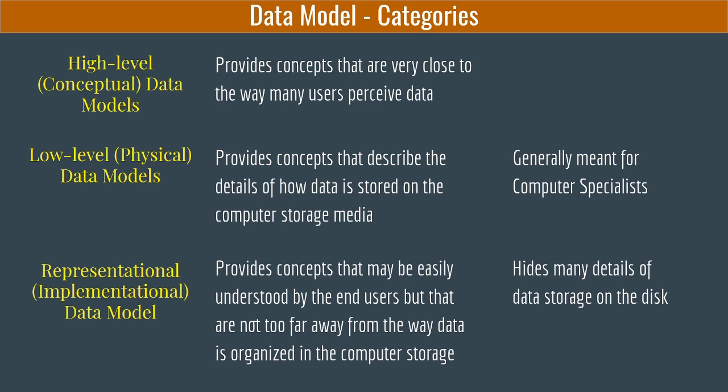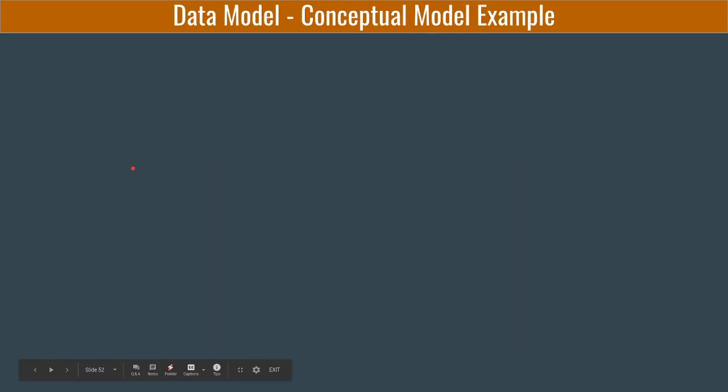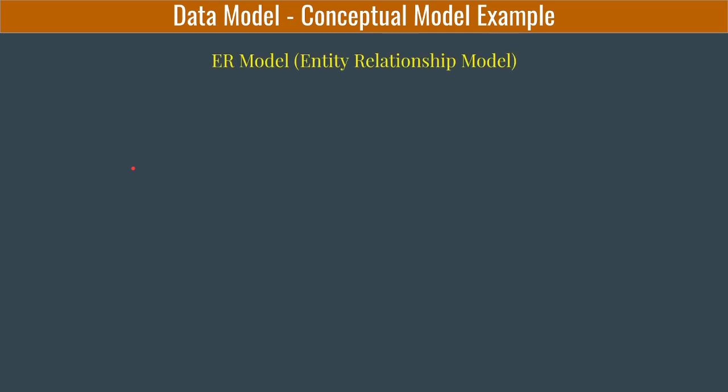So before getting into the representational model and relational data model, we will get a brief understanding of one of the high level data models, and that model, high level or conceptual data model, is called ER model or entity relationship model.